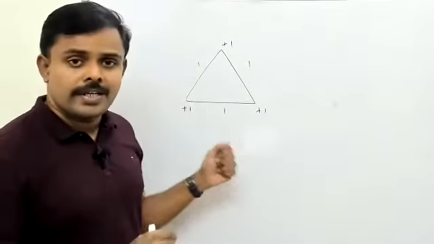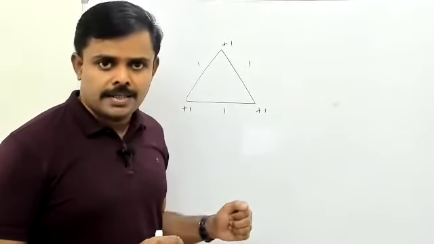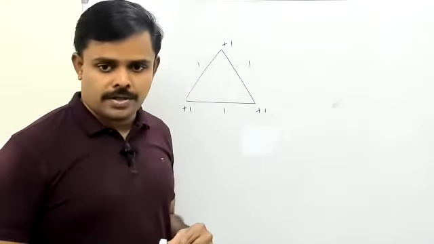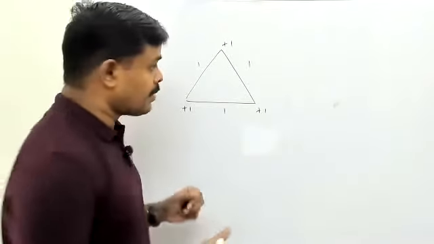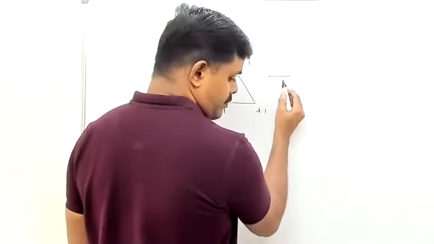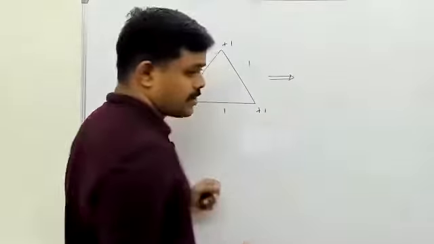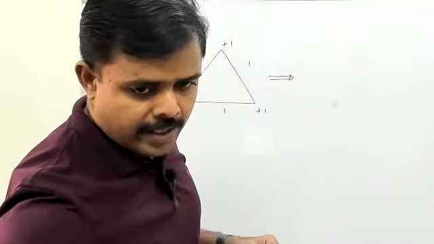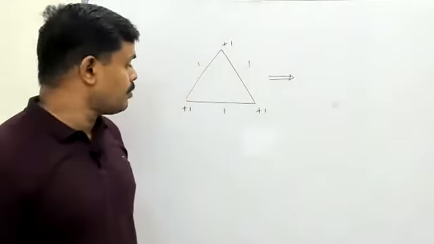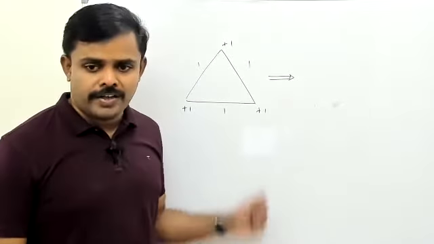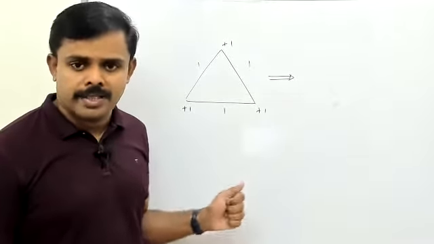3 charges plus 1 coulomb each are placed at the corners of an equilateral triangle of side 1 meter.